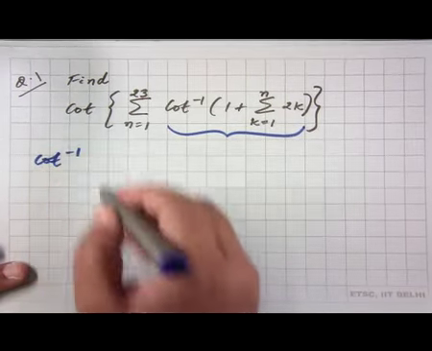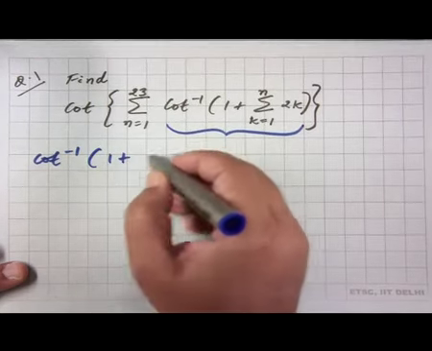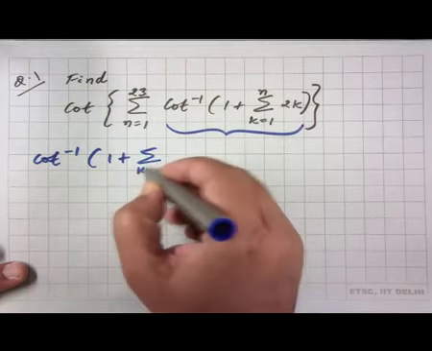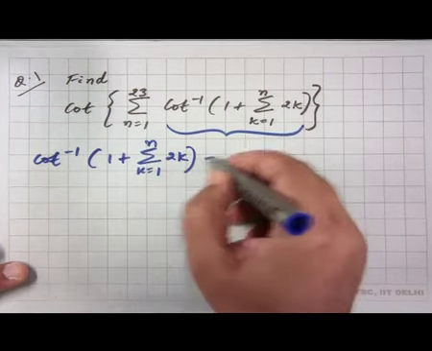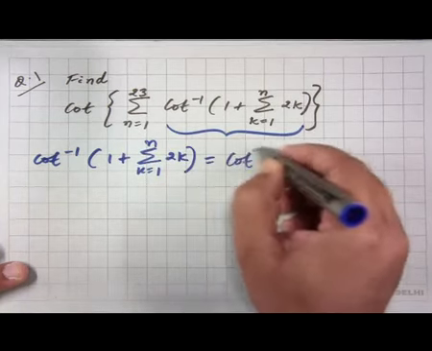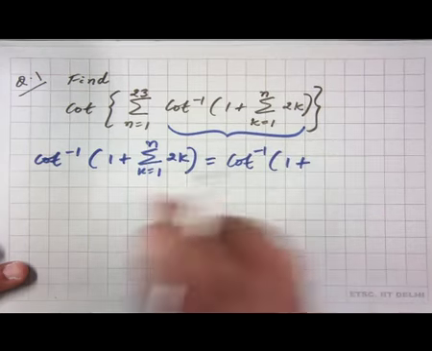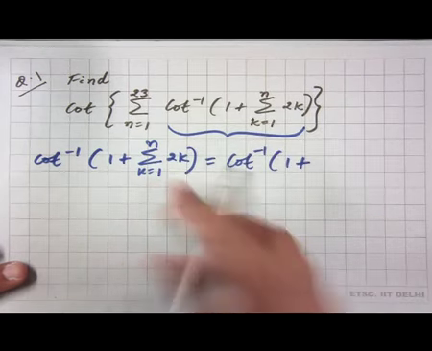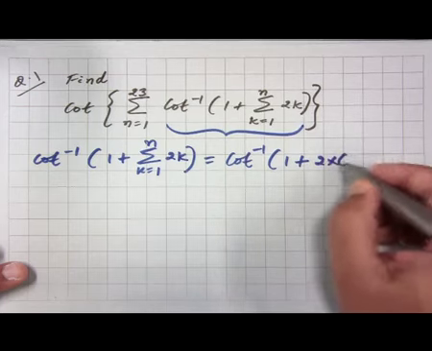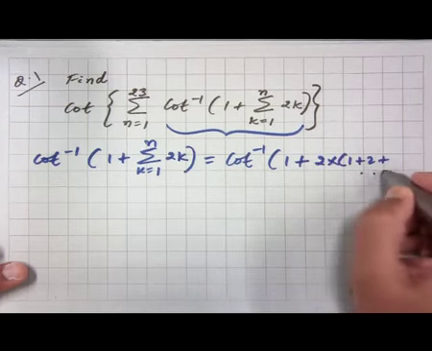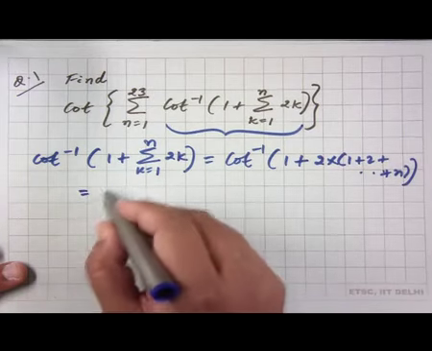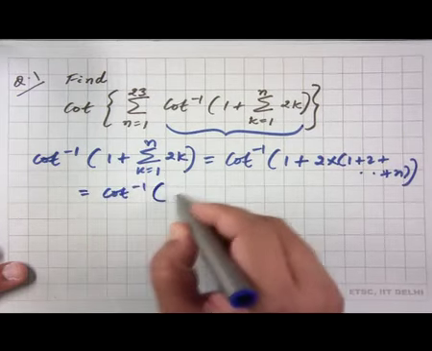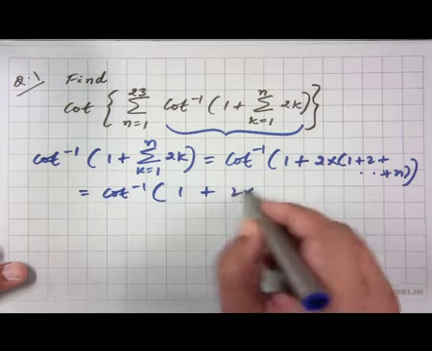So, we have cot inverse of 1 plus summation k equal to 1 to n of 2k, which equals cot inverse of 1 plus 2 multiplied by 1 plus 2 all the way till n, and that can be further simplified to 1 plus 2 times.